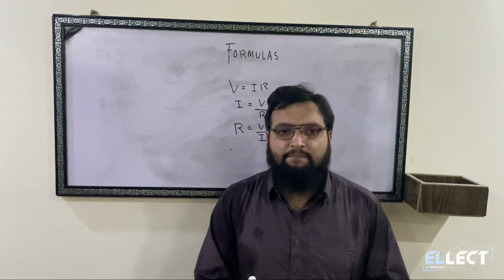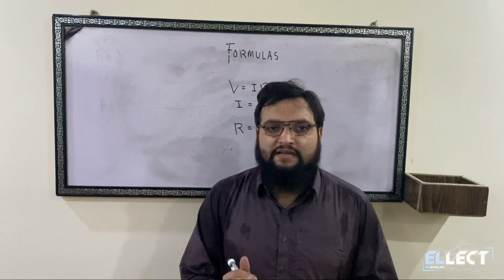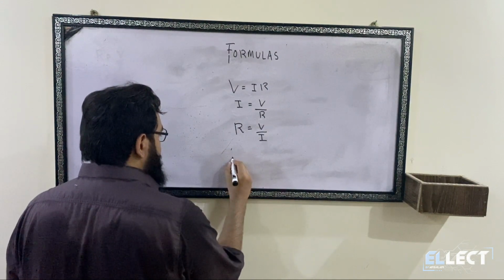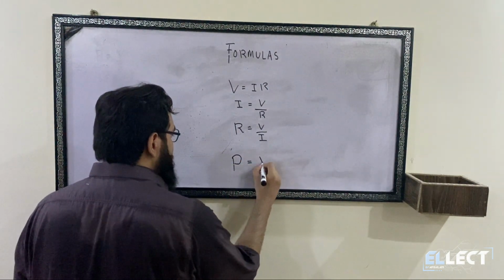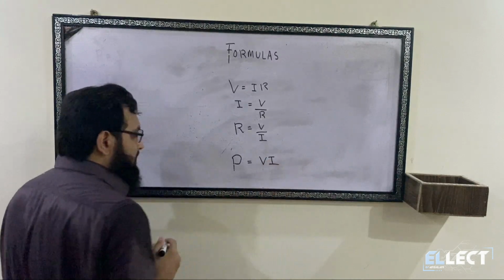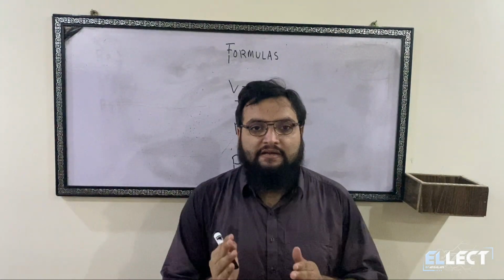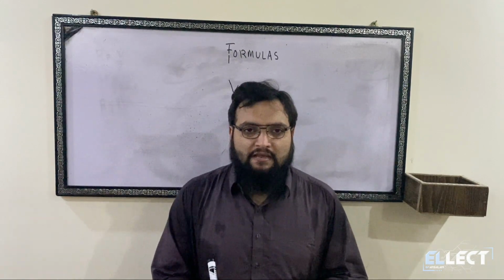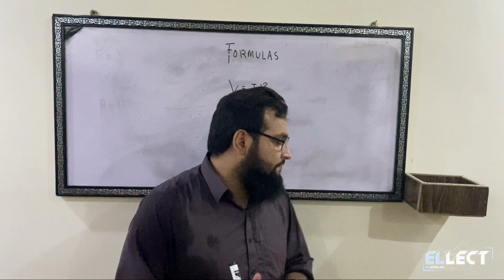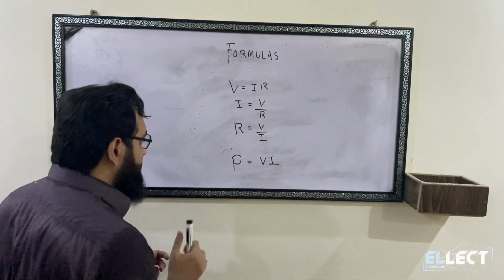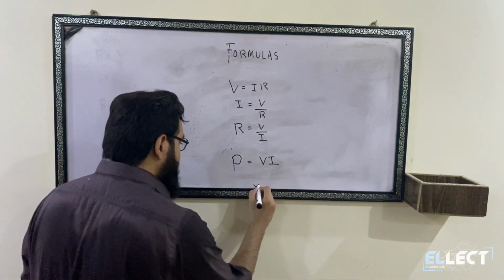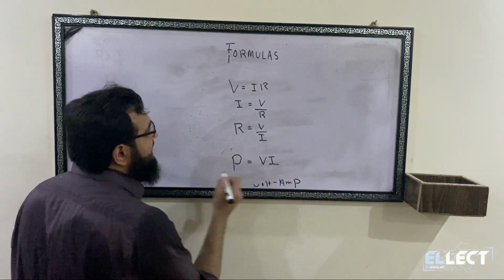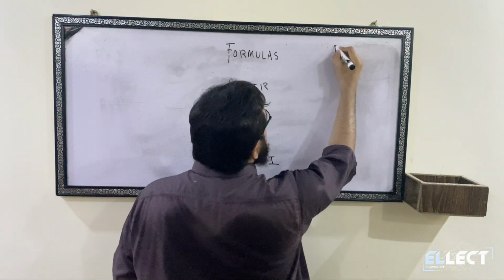It is denoted by P and measured in watts. So P is equal to VI. It is measured in watt because the unit of voltage is volt and current is ampere. So volt ampere is equal to watt.